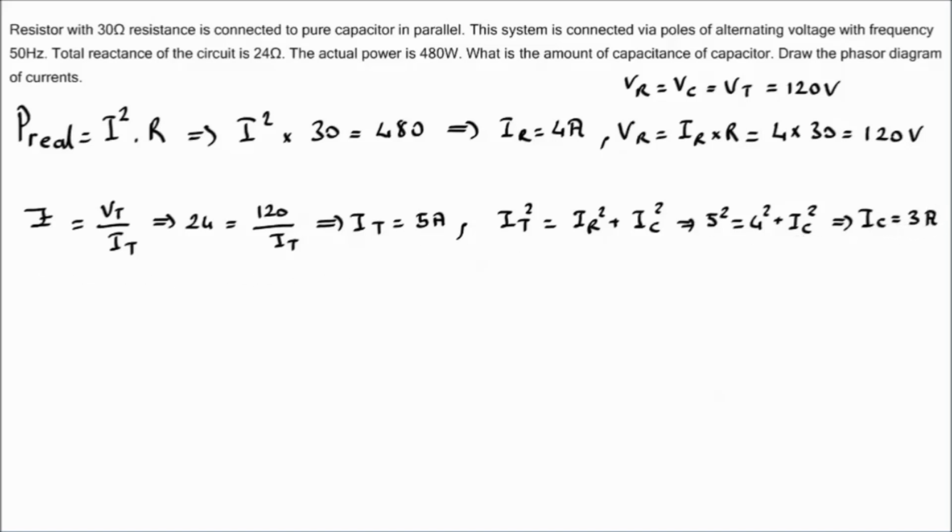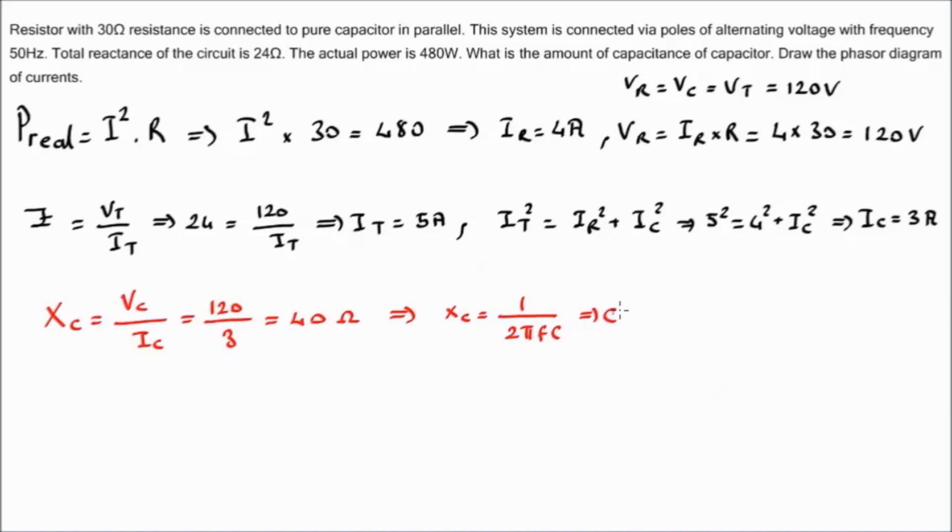And now I can calculate the XC. XC equals the potential difference of the capacitor over the current of the capacitor. Potential difference of 120 over current equal to 3. It's going to be 40 ohm. XC equals 1 over 2 pi FC.